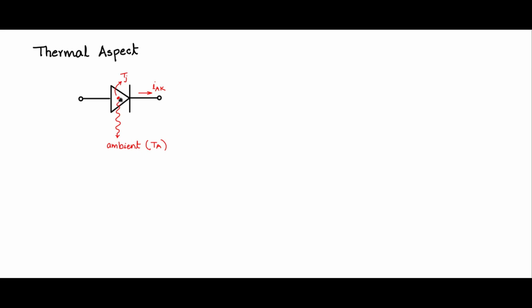From this inner junction to the ambient, the heat flows, and our objective would be to enable this heat flow as quickly as possible out of the junction into the ambient. Then the junction can be maintained cooler.